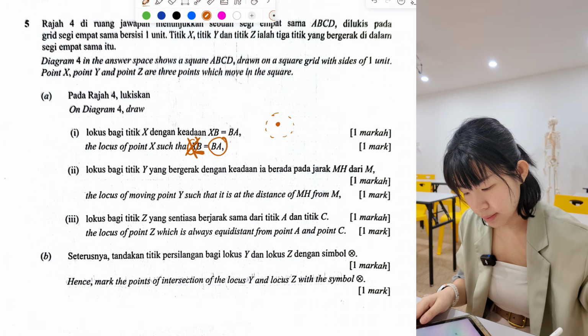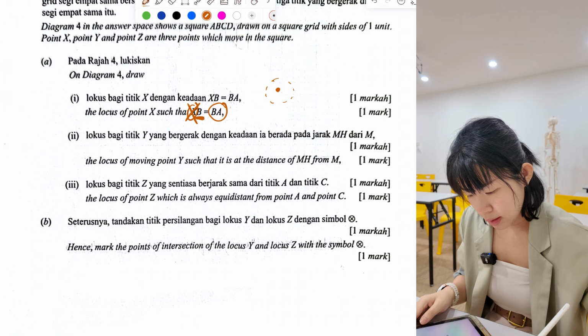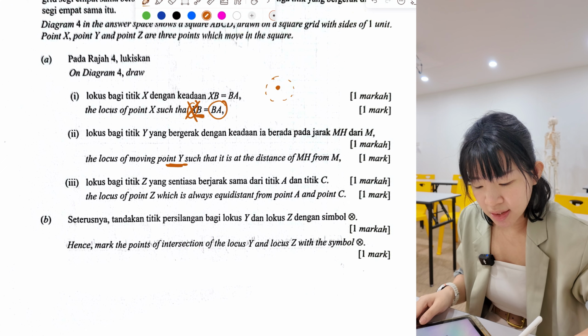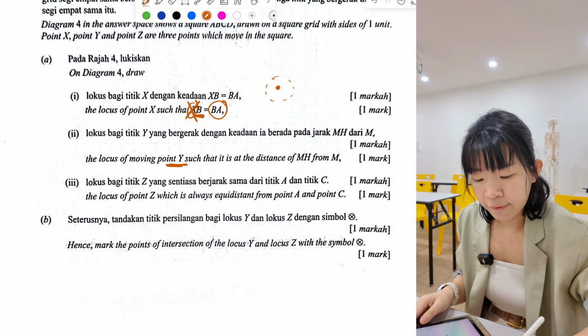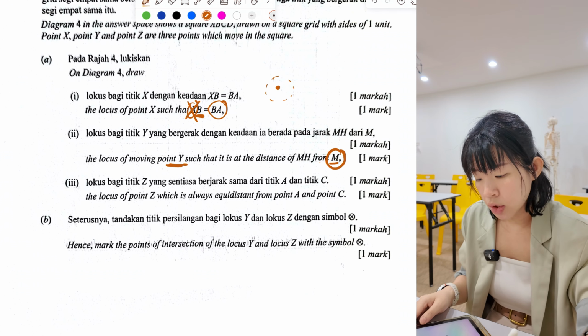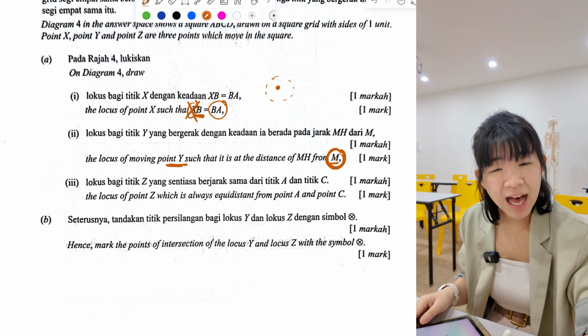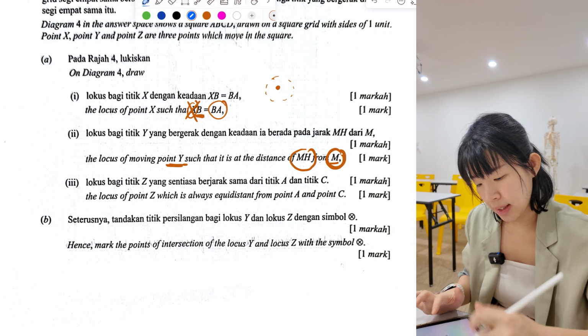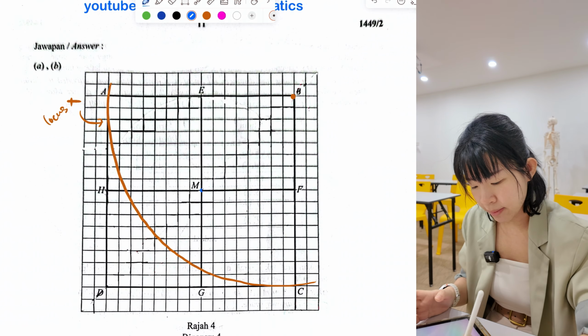Let's see the next one. Number 2, locus of point Y, such that the distance is MH from M. Again, it is 1 point, so you need to draw a circle as big as MH. Start from M, in the middle.